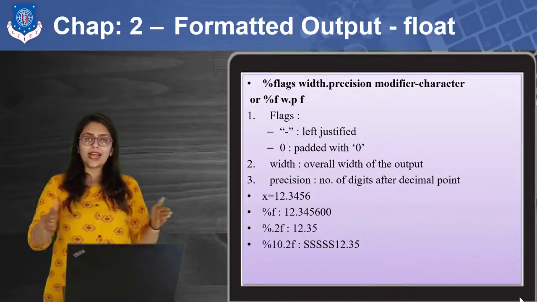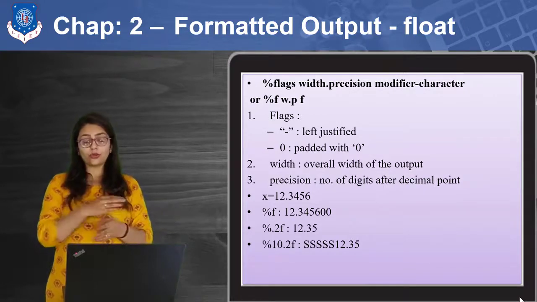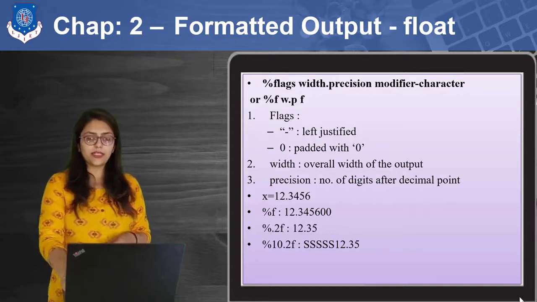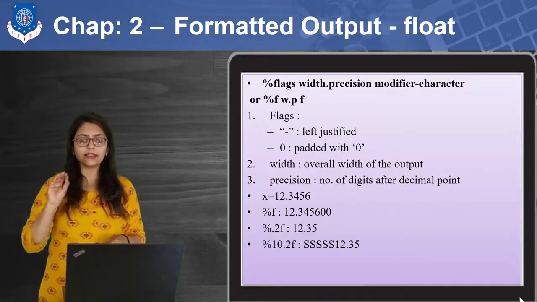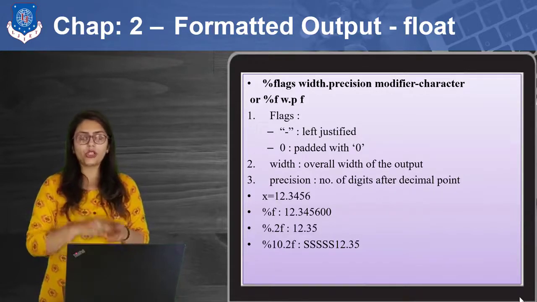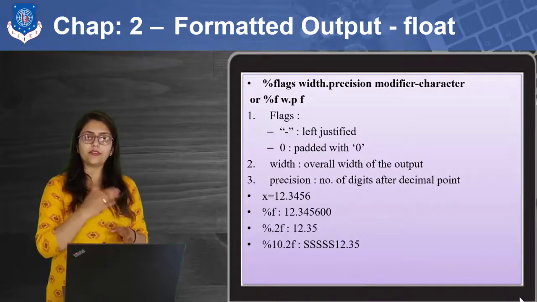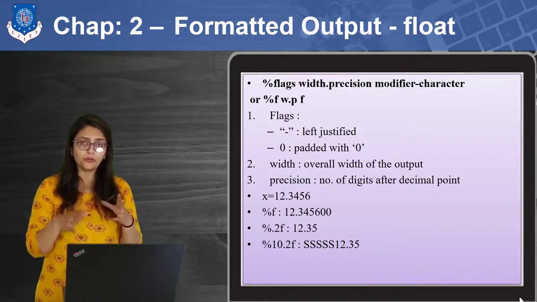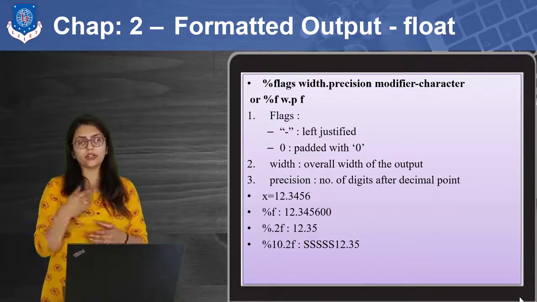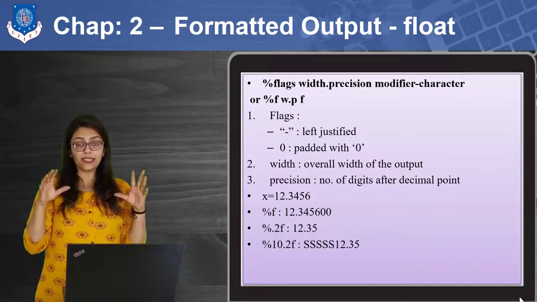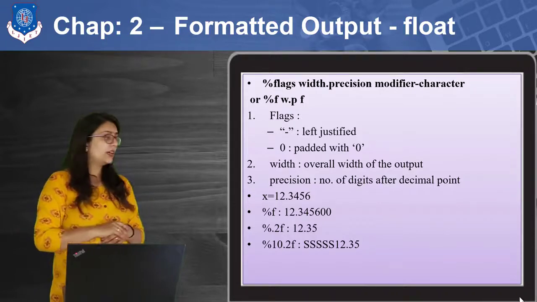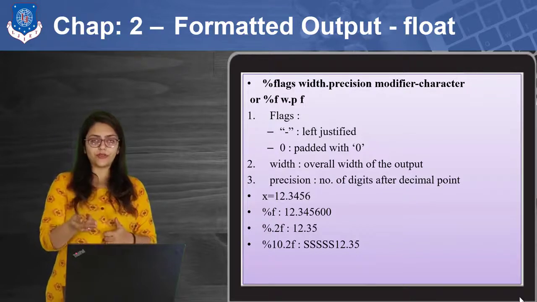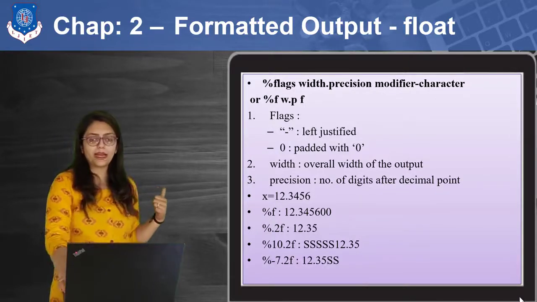So a total size of 10 is allocated. Instead of that, it will print some spaces and then 12.35. So before 12.35, it will put spaces. You can execute this program on your computer system or in your IDE to check how exactly it looks. By default it will be right justified, but if you want left justification, you can just put minus before it.